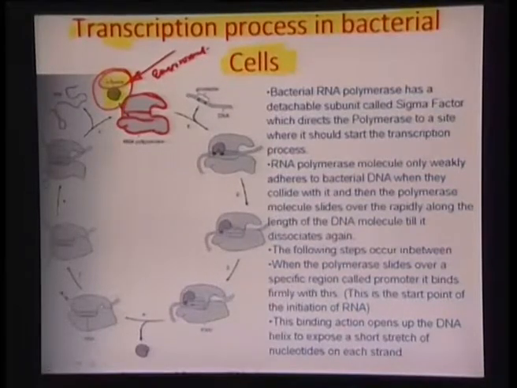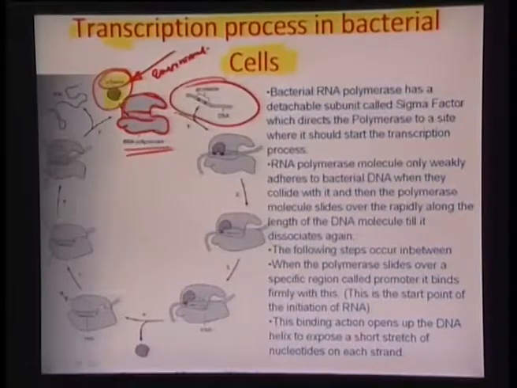So this chemical signal comes and sits on this RNA polymerase, and the RNA polymerase goes into reading the DNA. This is a DNA molecule here, as you are seeing, and the RNA polymerase goes into reading the DNA through its sigma factor. So we have to find out first the site from which the transcription process should start.